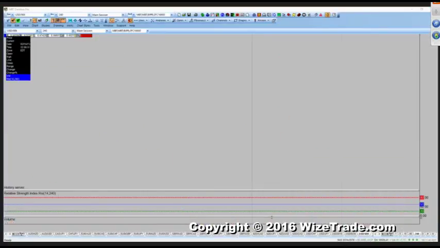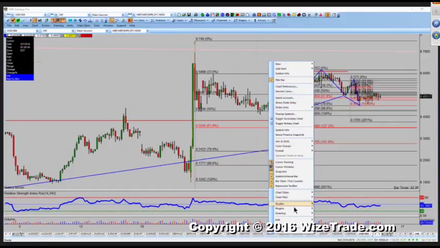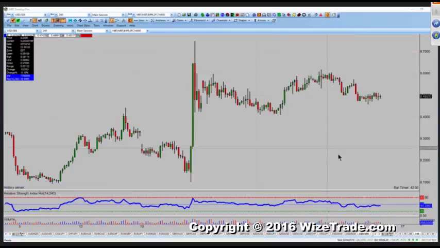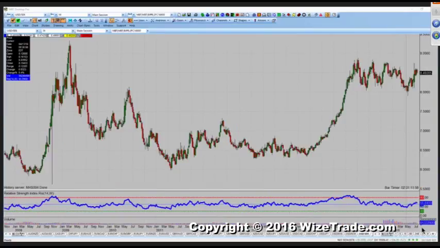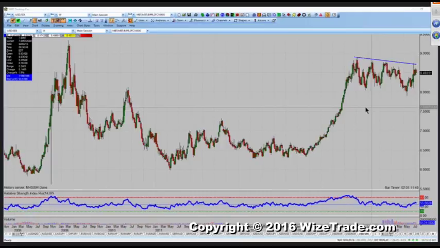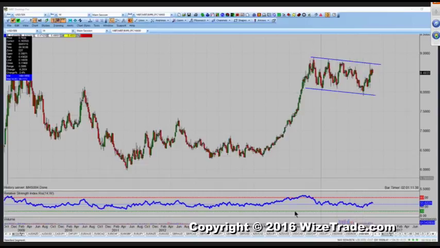Swedish krona. Here, let's delete everything. Okay. Now, longer term, I should probably do this so everybody can see it.